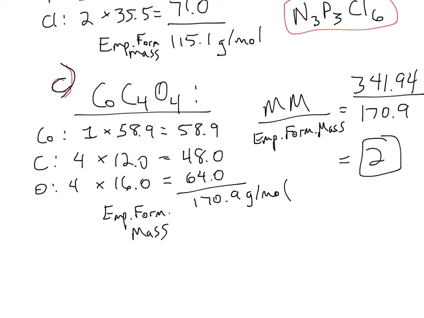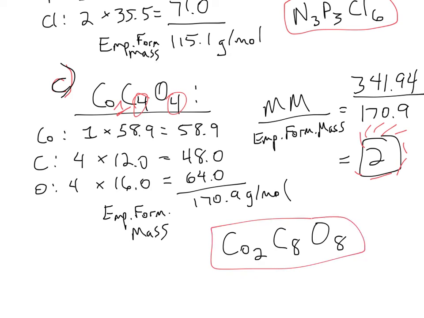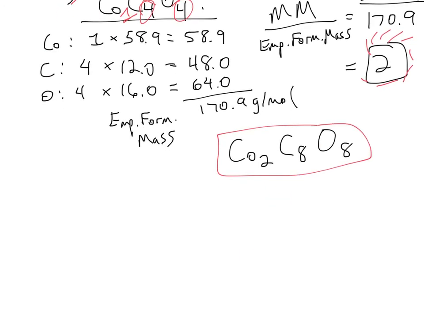So that means your whole number multiplier for all of the subscripts within the empirical formula, so you've got a 1 for cobalt, a 4 for carbon, and a 4 for oxygen. Double all of those, and you'll end up with the molecular formula of the compound. So 2 cobalts, 8 carbons, and 8 oxygens. That's your molecular formula for part C.